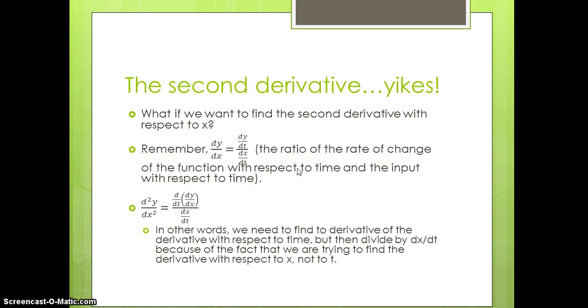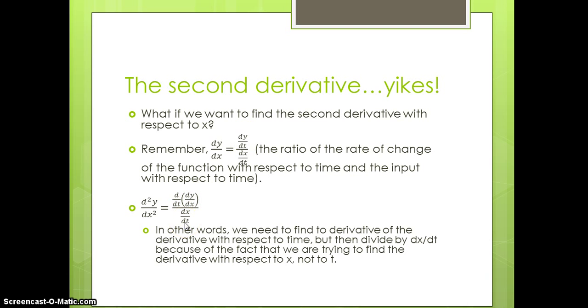Well, if we're finding a second derivative, we need to find the derivative of the derivative with respect to time. And all we're doing right here is, in place of y, we're putting in dy/dx because we're finding the derivative of the derivative.